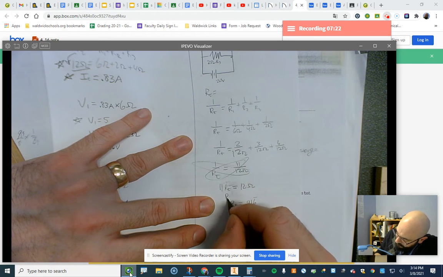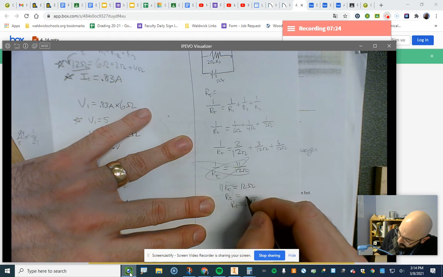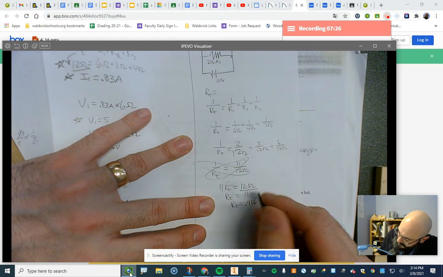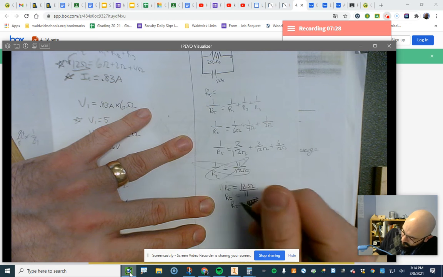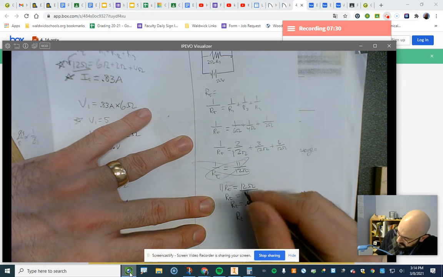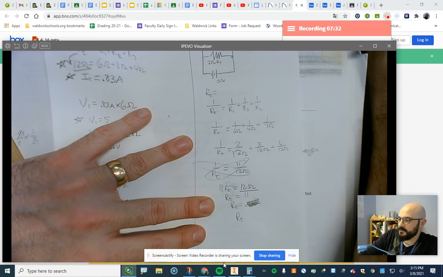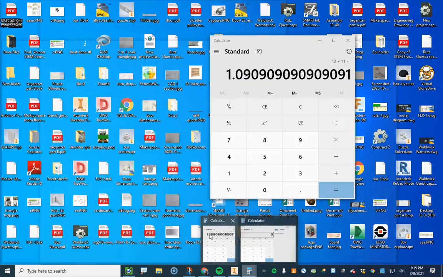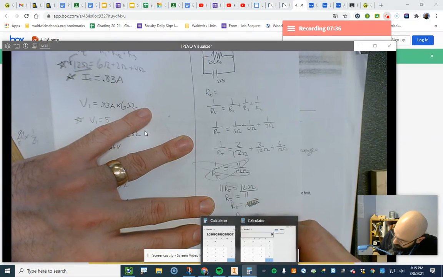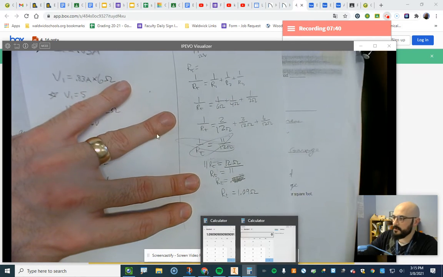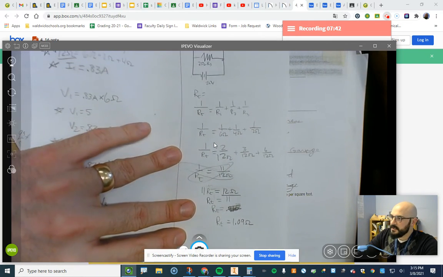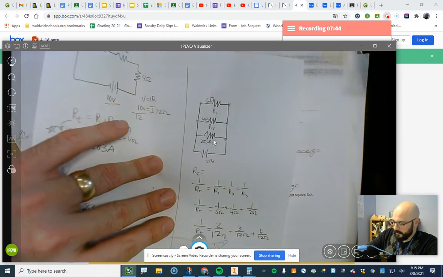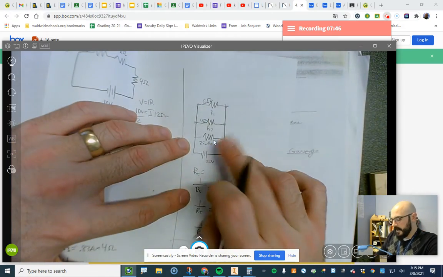So now I got to divide out 11. And so I reverse this. So RT is 12 divided by 11, which ends up being 1.09 ohms. That is your total ohms. A lot more paperwork here. But now we've got this.